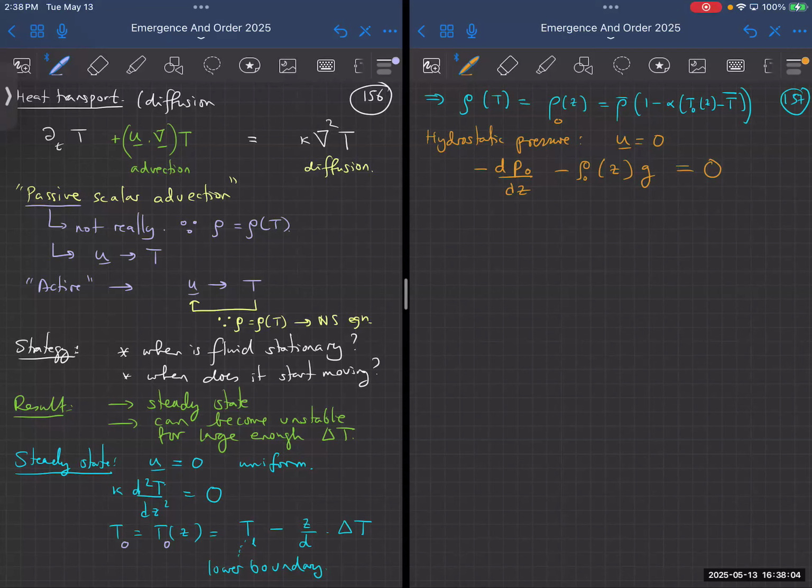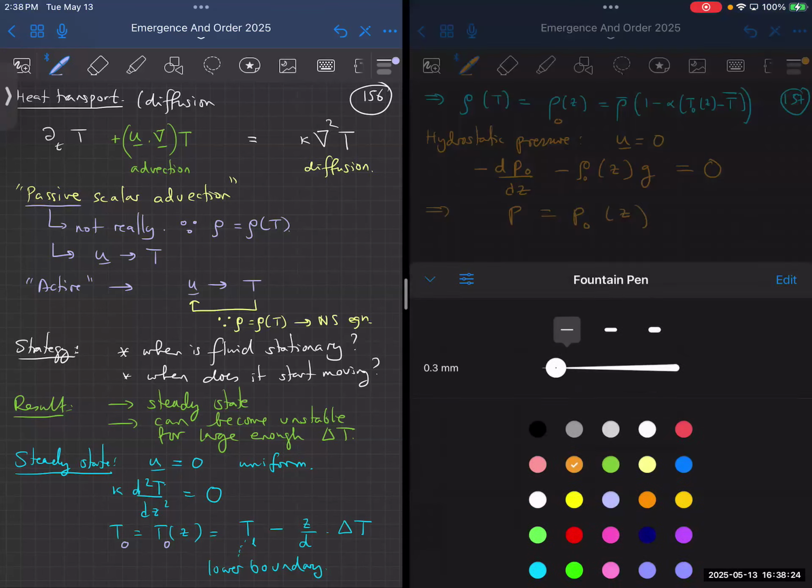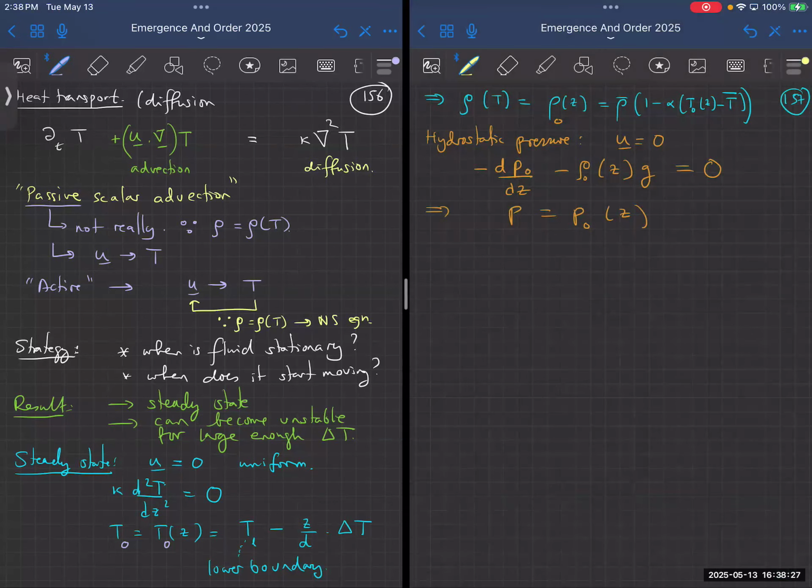And so that gives me how P depends on z. So I just have to solve that equation. And I know that rho is linear in z, so I can just solve that equation for the pressure. Okay, so that's the steady state solution.